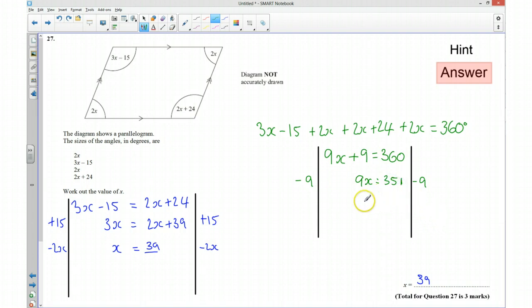I then need to divide both sides by 9, and that actually does work out to be x is equal to 39, and we've got the same answer there again. Okay, so either of these methods you can use, and we can see that both of them come up with the same answer.